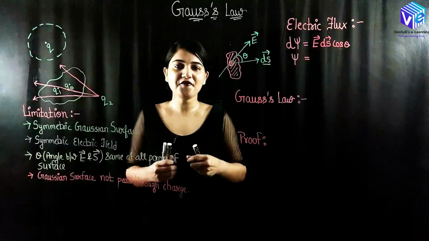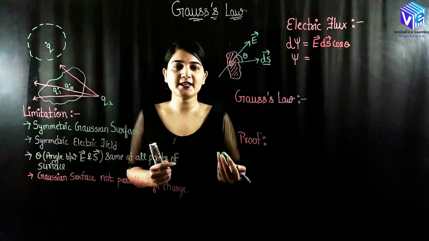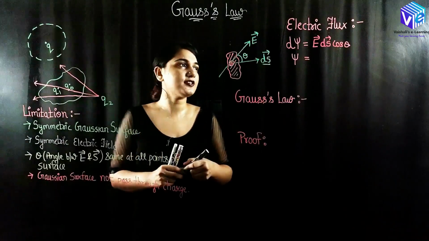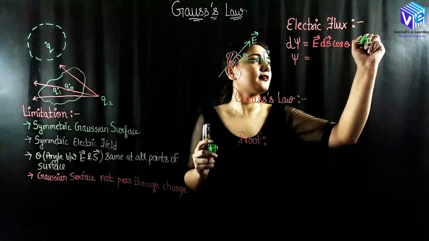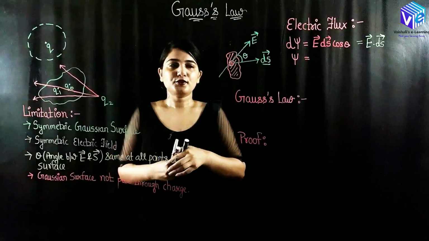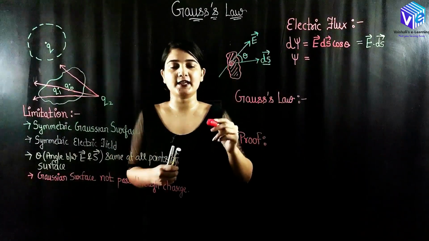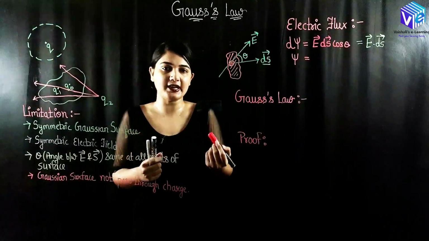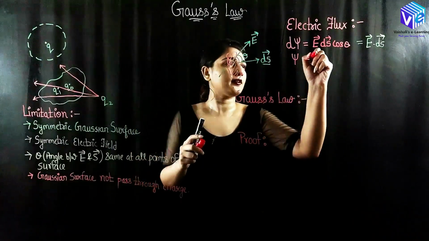This reminds me of one formula: A dot B is equal to A vector multiplied with B vector multiplied with cos theta. So here I can write it as E dot ds. This was the electric flux due to this small surface area. If I have to find the electric flux due to the full surface, then I will integrate it over the full surface.